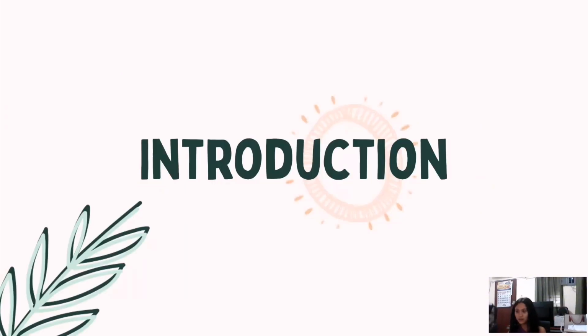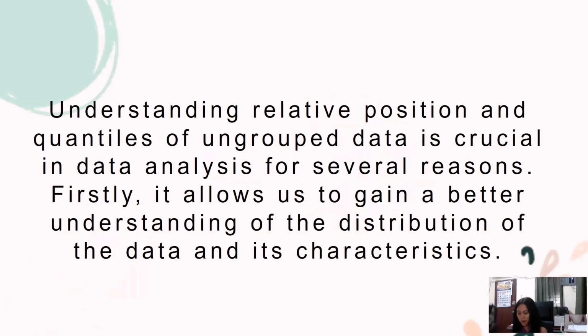Our introduction. Understanding relative position and quantiles of ungrouped data is crucial in data analysis for several reasons. Firstly, it allows us to gain a better understanding of the distribution of the data and its characteristics.